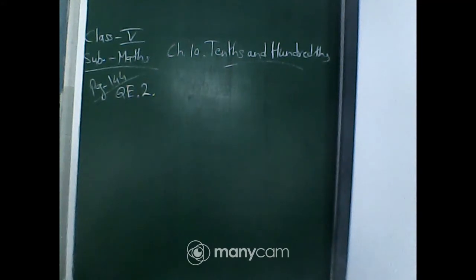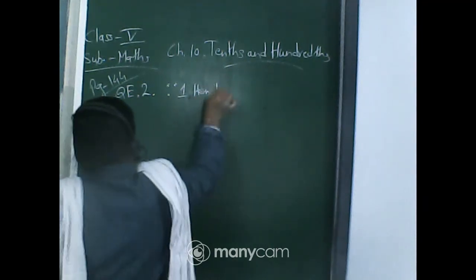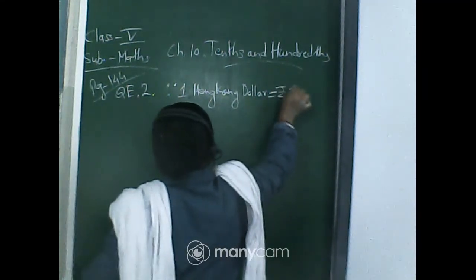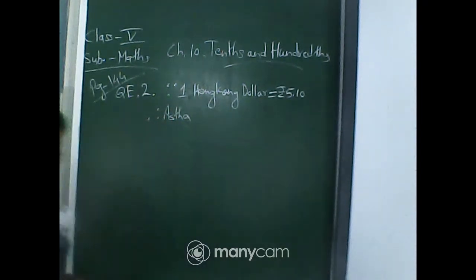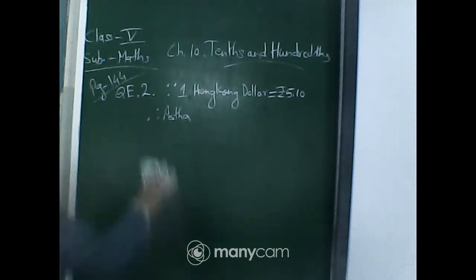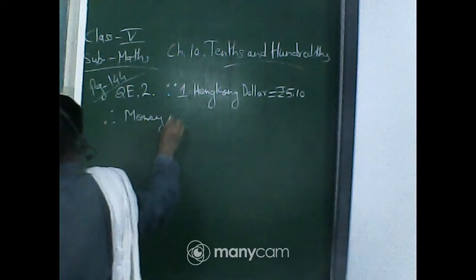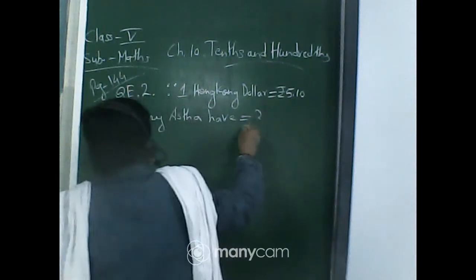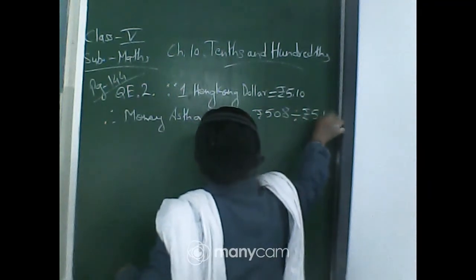So write. Since 1 Hong Kong dollar is equal to rupees 5.10, therefore the money Astha will have is equal to rupees 508 divided by rupees 5.10.